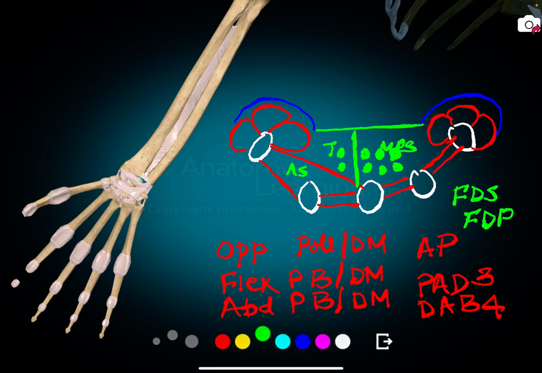Then we place a muscle which is in the skin here, which is the palmaris brevis muscle. So this is the palmaris longus aponeurosis, and this muscle is the palmaris brevis muscle.